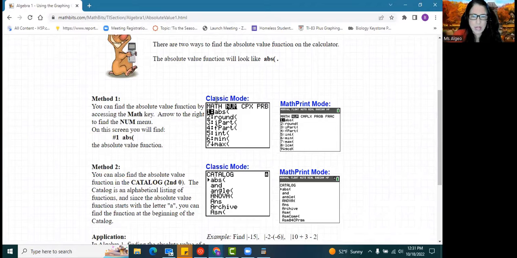You notice that there's classic mode, which is typically TI-83, and then the 84 offers what's called the math print mode. So the difference between TI-83 and TI-84, the appearance is more updated, sleeker. It uses math print as shown here. It can do the same things, has more memory and storage.